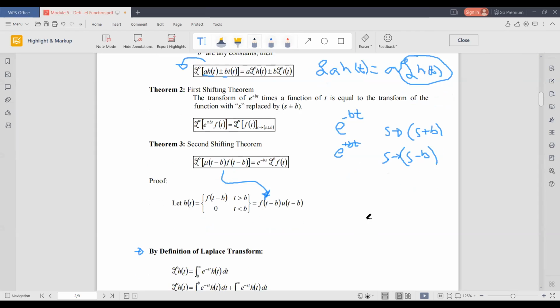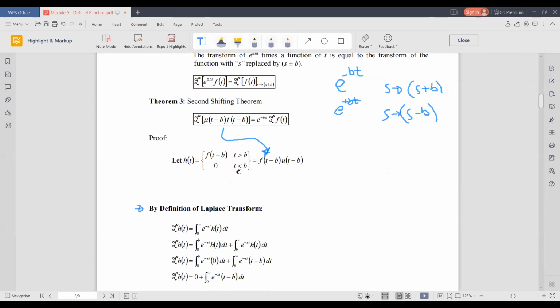We have here two functions wherein may limits tayo. First we have 0 wherein yung t natin is less than b, and then we have f(t minus b) wherein yung t natin is greater than b.